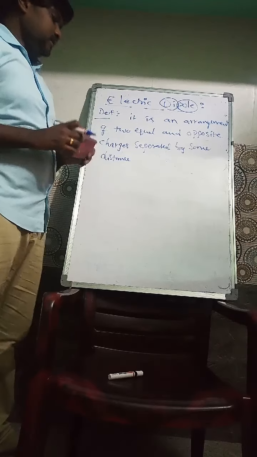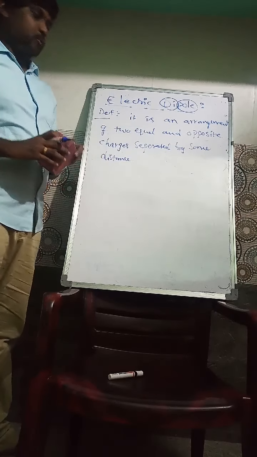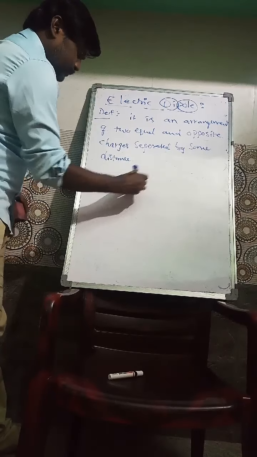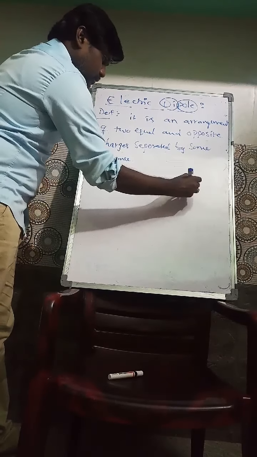This is called an electric dipole. So here this is plus q and this is minus q.